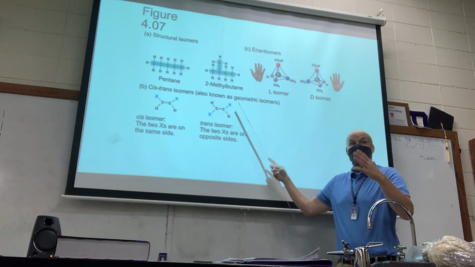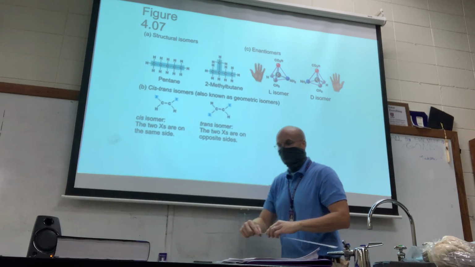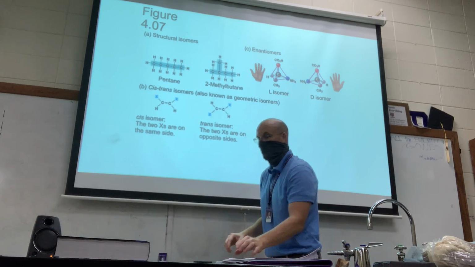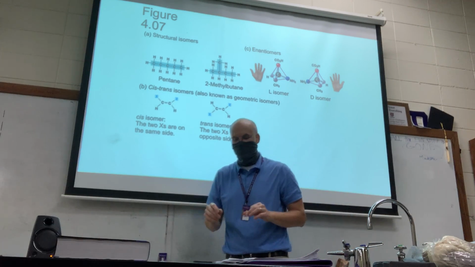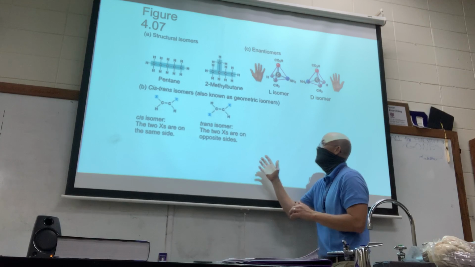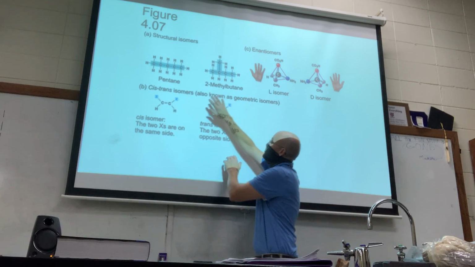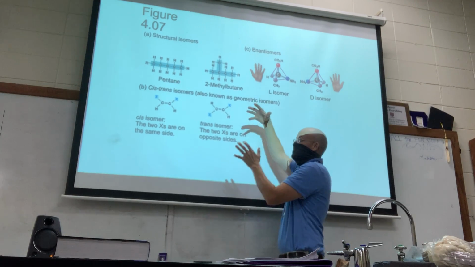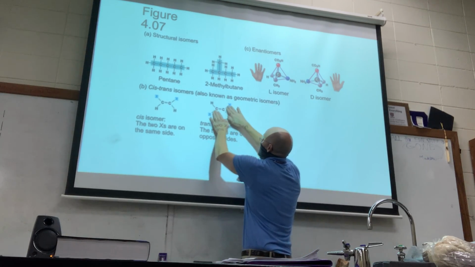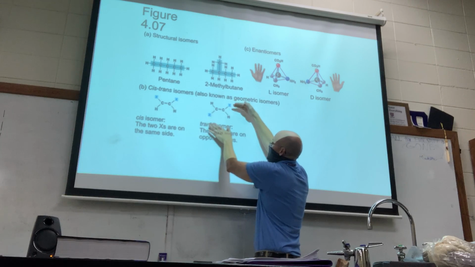Now, you could redraw this. And sometimes you have to think a little three-dimensionally, and we're going to build molecules with our molecular kits next week, so you'll get a little more practice at this. But these two atoms could be drawn and could exist in this molecule in real life on opposite sides.